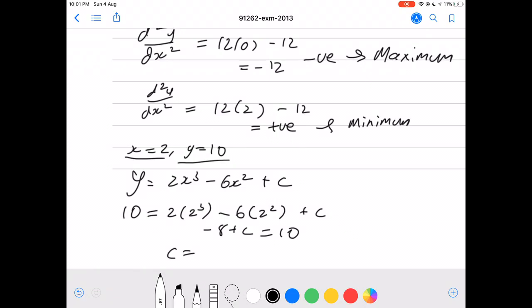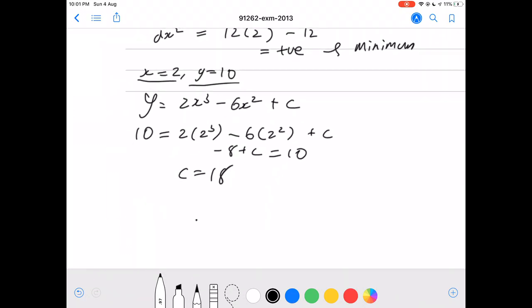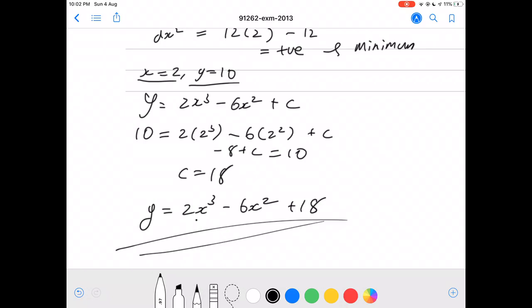So therefore c equals 18. So therefore our final equation is y equals 2x cubed minus 6x squared plus 18. And that's a way we can solve using local maximum and minimums.